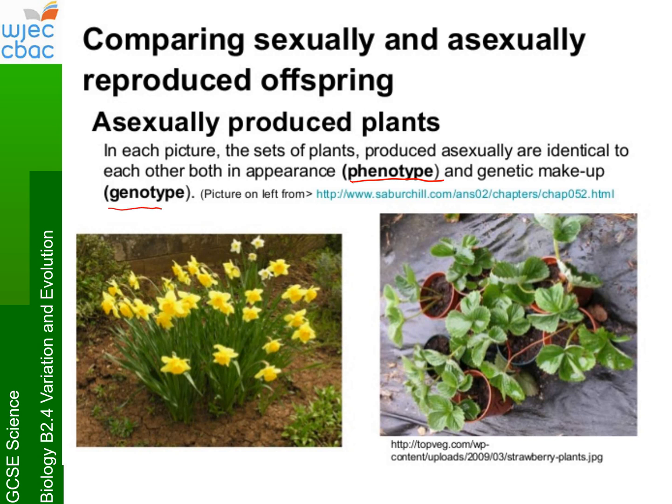Okay, so the difference between sexual and asexual. Asexual plants are identical in their phenotype and genotype, whereas sexual plants, sexual reproduction, are not identical in their phenotype and genotype.